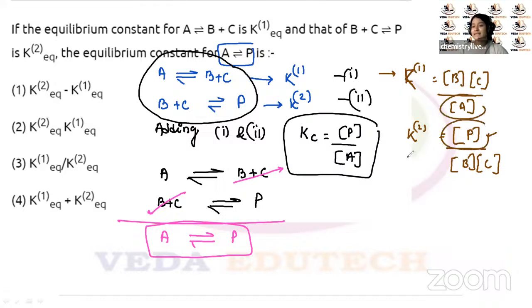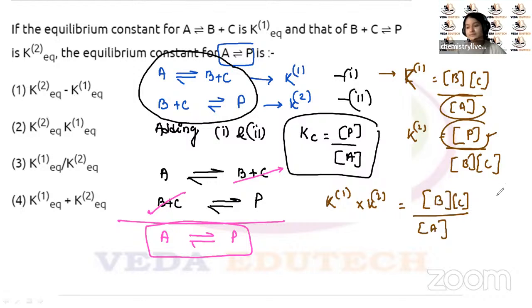So if I multiply these both equations, I'm going to get this. Can I cancel this with this? So am I going to get P by A? Yes.